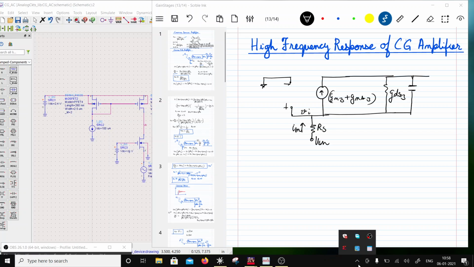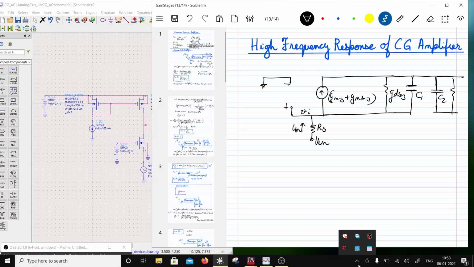So if the device sits in the well, then CDB would be accounted in this capacitor. So let's have this capacitor as C1, and then we have another capacitor which is C2, and I will list to you what that is.